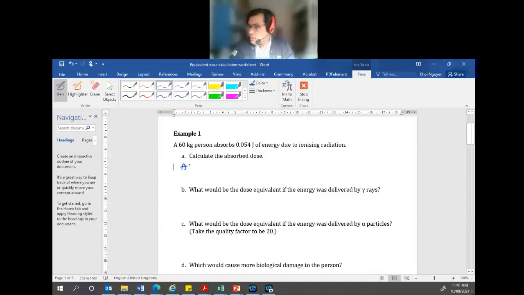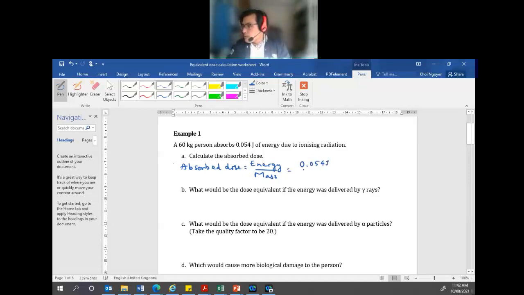So remember, absorbed dose is equal to the amount of energy divided by the mass of the person. I guess in this case they've got maybe a full body X-ray, or maybe they're going through treatments and it treats the whole body.